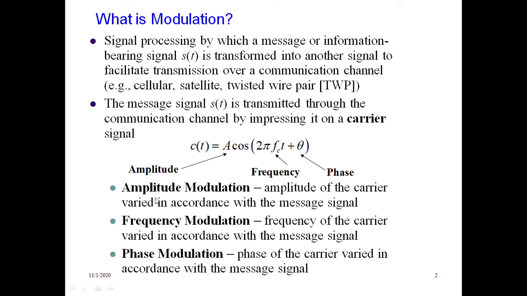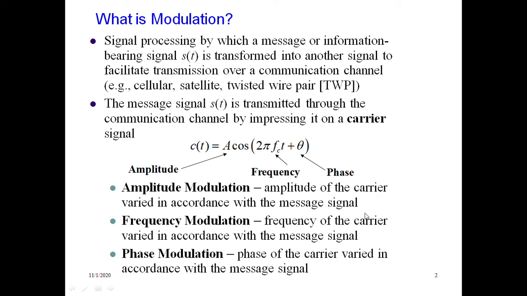So amplitude modulation, frequency modulation, and phase modulation will be the types of modulation that we learn in this chapter. For amplitude modulation, the amplitude of the carrier will be varied according to the message signal.